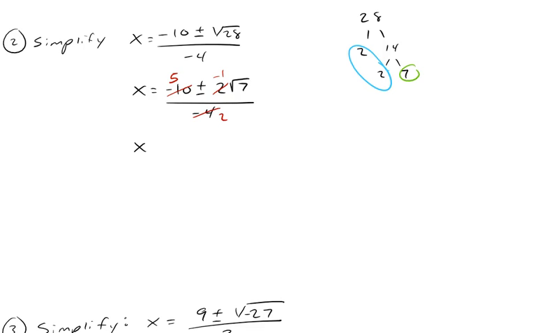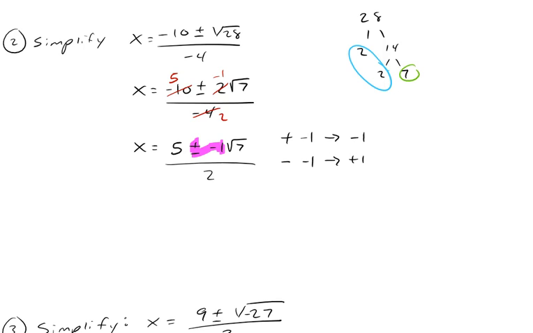So here's what I have. Now one last thing to simplify is this piece here. The reason is, if I have plus a negative 1, that just means I have a negative 1. If I have minus a negative 1, that means I have a positive 1.